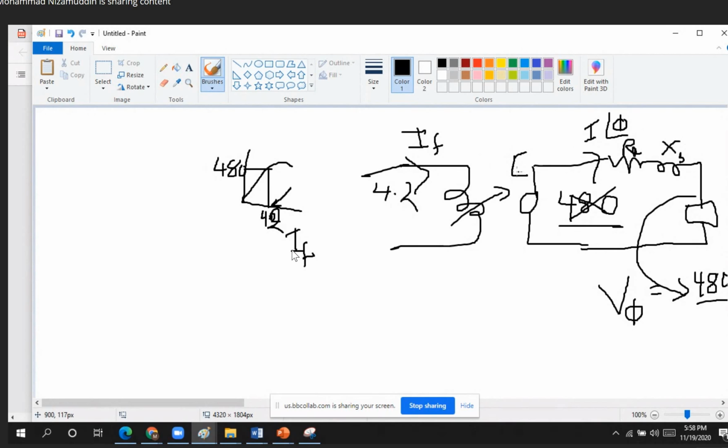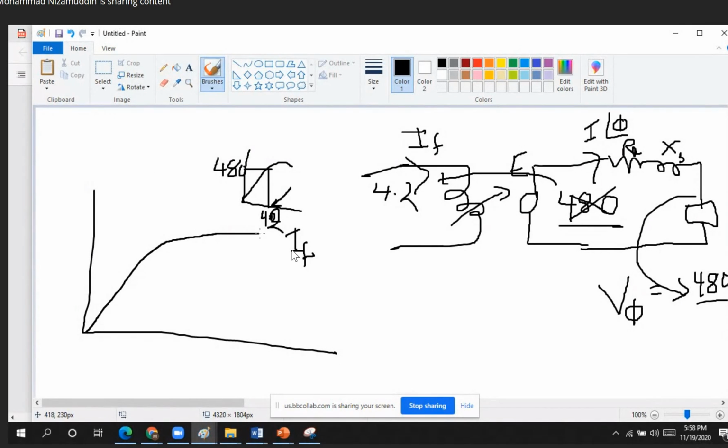Once you know E, remember this is Delta connected, so this is line voltage, and you can go back to the OCC for that voltage. Say E is now 500, look at 500 and see what your field current is here. That is what they are asking: what would be the field current if your terminal voltage V phase is fixed, not E.